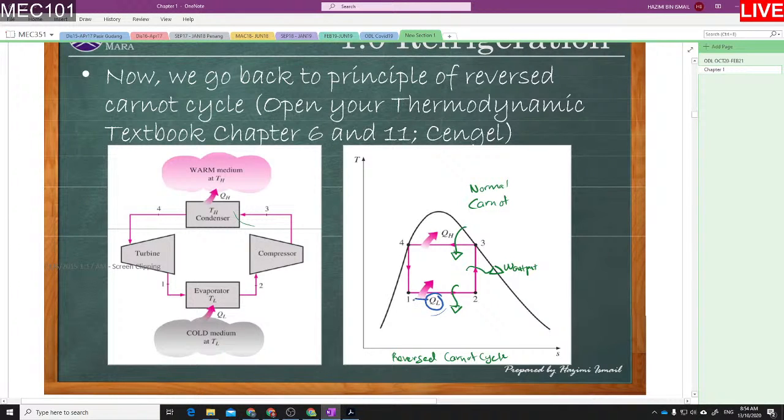So that is why the direction is opposite, in the reverse direction compared to the normal Carnot cycle. So the reverse needs the work input. So that is why we call it the reverse Carnot cycle.